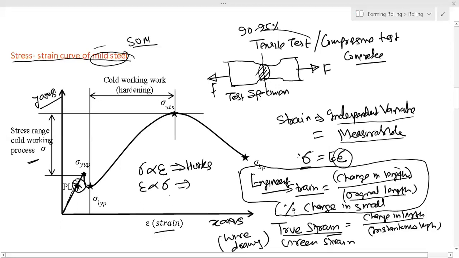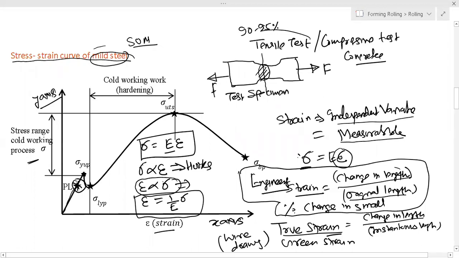Hooke's law is sigma is equal to E epsilon. In the other form it will be 1 by E. This is also true, but the proportionality constant will change.